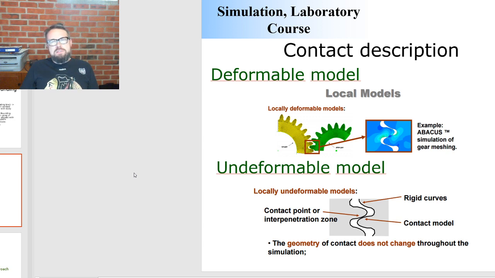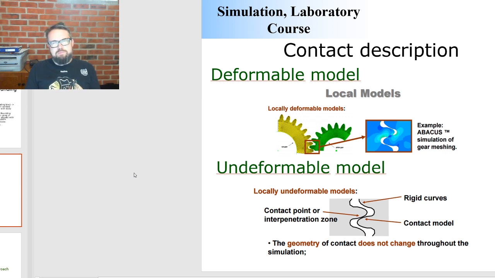Of course, if we were dealing with deformable bodies, let's say models that are all made using a finite element method, then it becomes easy, because you just say that two bodies cannot penetrate each other, and because of the deformation, the real contact forces can be predicted very accurately.